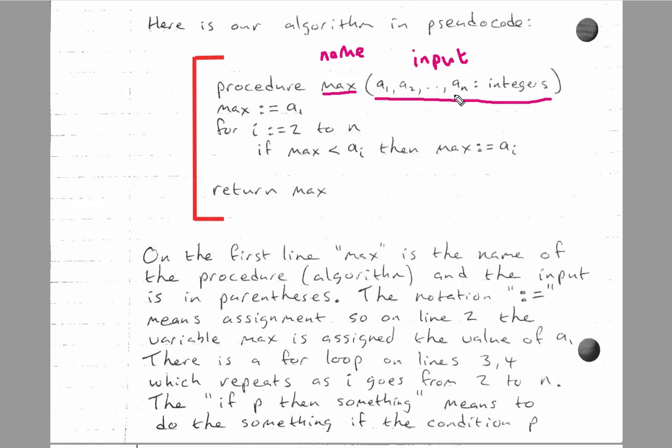Okay, so we're giving the type, integers. And we're listing them like this, so A1, A2, up to A subscript n. All right, so that's telling us that our list has n elements. All right, so our procedures will always have the same format, so the name of the procedure and then the input.